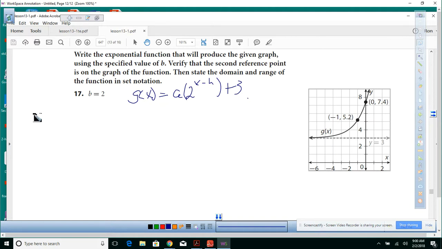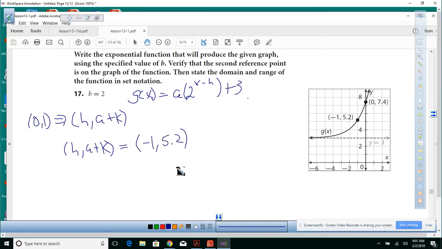Well, remember, (0, 1) is always (h, a plus k). So (h, a plus k) equals, that's -1 and 5.2.